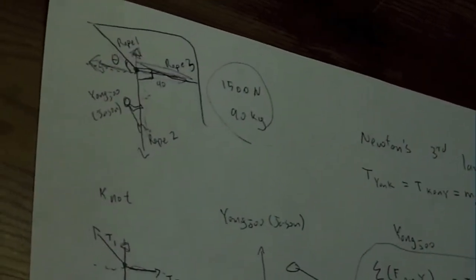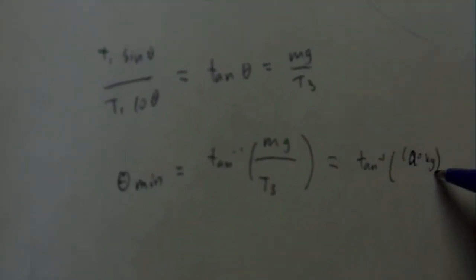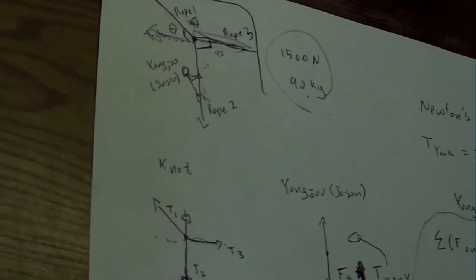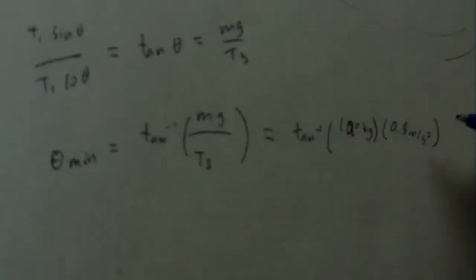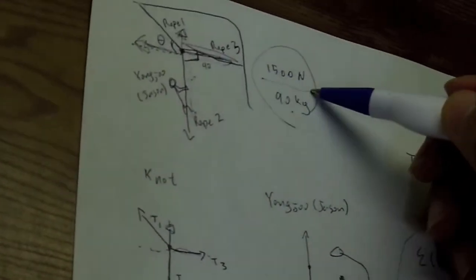If I plug all the numbers in, which I have here, it's going to be tangent inverse of the mass, which is 90 kilograms, times gravity, which is 9.8 meters per second squared, over the tension, which is going to be 1500 newtons.